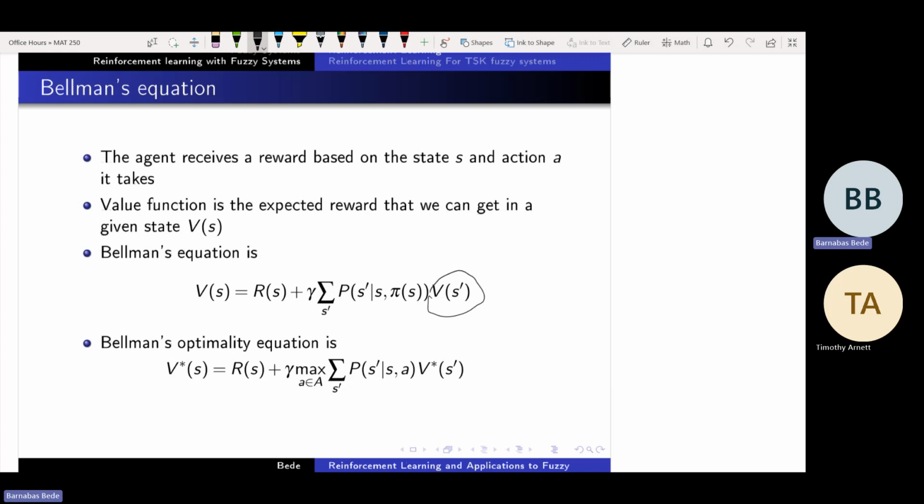If I know V(S prime) already, I can calculate V(S) completely easily. But you can see that this is an iterative procedure. Nevertheless, this is a system of linear equations. If you look at it, these are the variables in this system, and the dependence is a linear one.